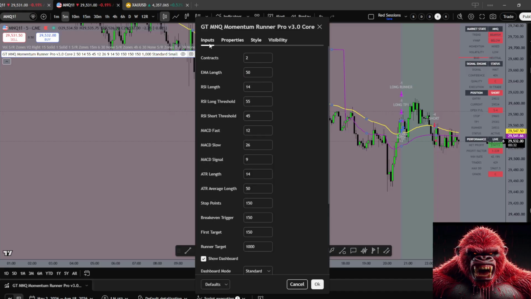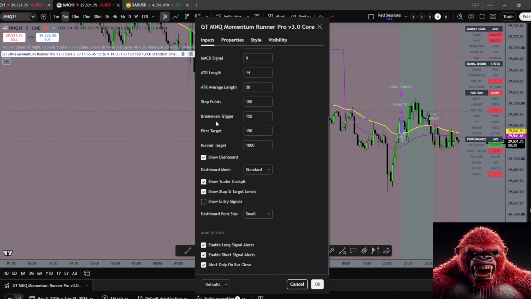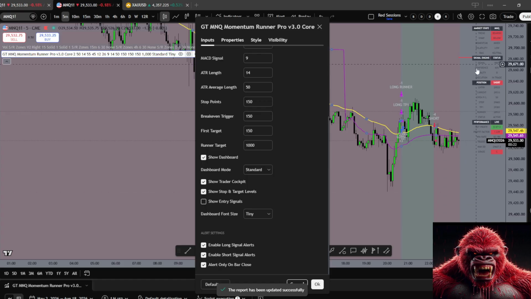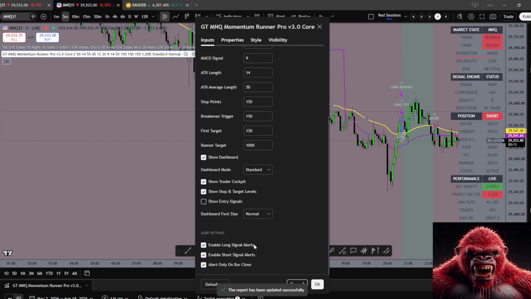And then for the inputs, when you first load it, you're going to notice that the dashboard is set to tiny, and the font is very, very small. If you are on a desktop, feel free to move it up to normal. It's a lot easier on the eyes.